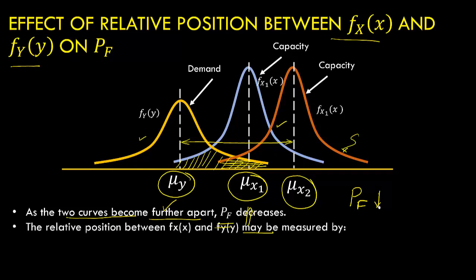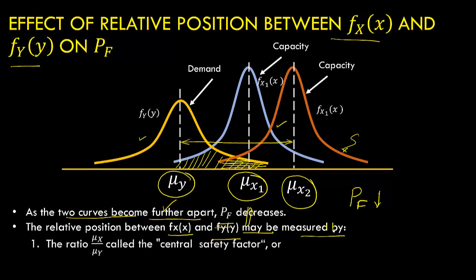So the relative position between fx and fy may be measured by, so there are two possibilities. The first is we can calculate the ratio mu x by mu y, and this is called central safety factor. So one way to measure this dispersion or this relative distance between two curves is by calculating mu x divided by mu y.